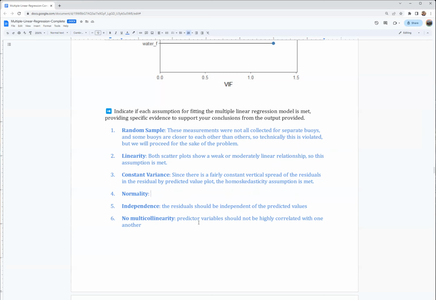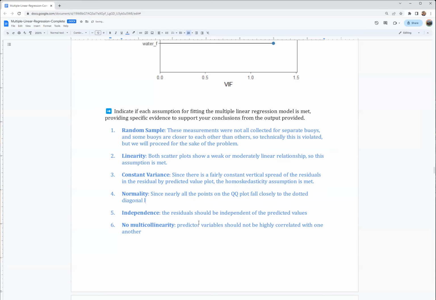So for normality, since nearly all the points on the QQ plot, again noting which plot we're looking at and what we see, fall closely to the dotted diagonal line, the normality assumption is met.